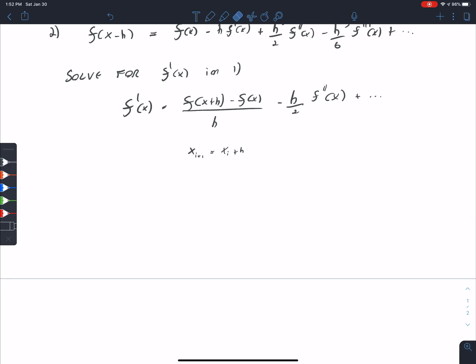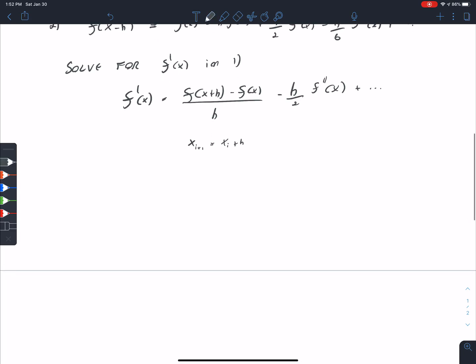So let's write this forward finite difference formula more clearly. So that's f prime of x, and it's going to be approximated, right, by f of x plus h minus f of x divided by h. So it's an approximation. But you can see that we are going to be missing this term, right?